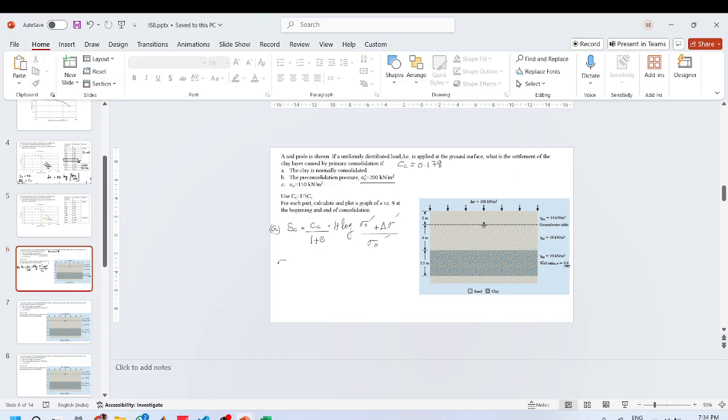Okay. Sigma naught dash we can calculate using this: gamma dry 14 into 2, plus gamma sat 18 into 4, plus 19 into 1.75.